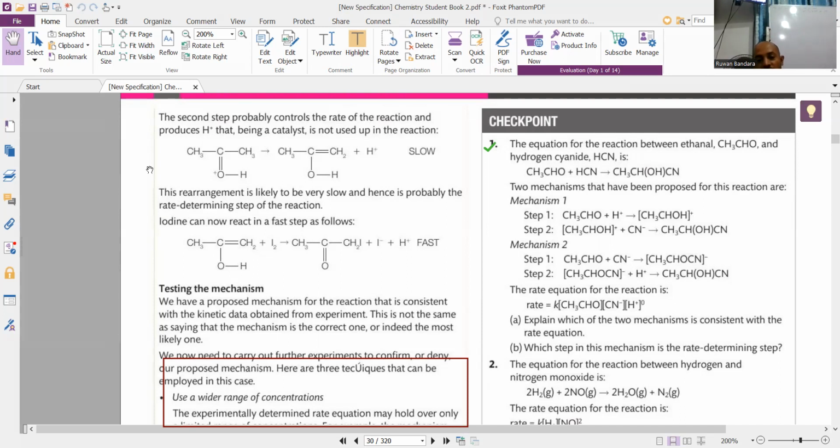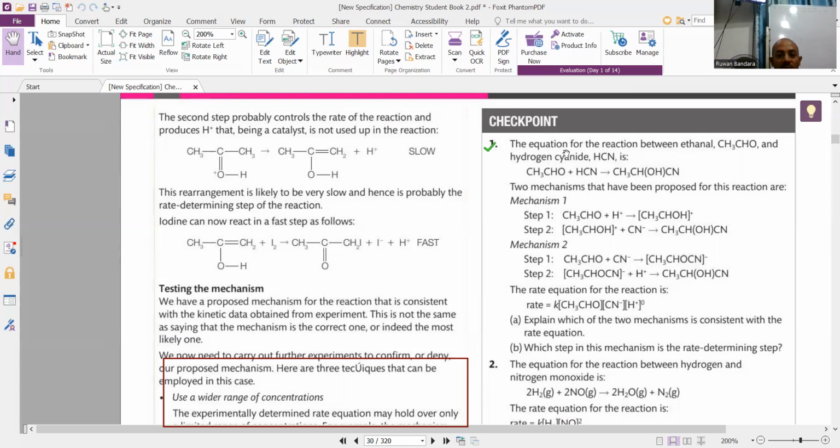Kaushika, can you tell me the answer for part A? From yesterday itself, there's an issue in my Zoom.